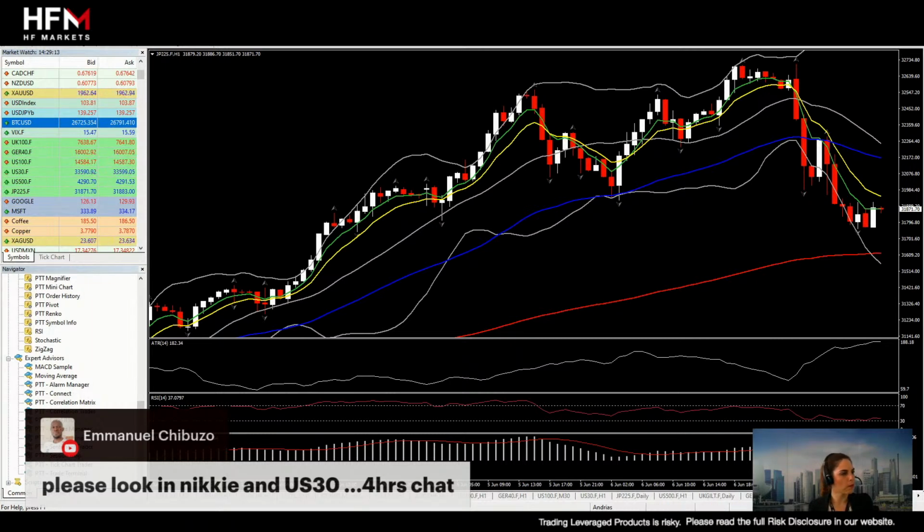So Nikkei bottomed at 31,760, as you can see over here. Four consecutive hours on that floor, failing to break it and already flattened.